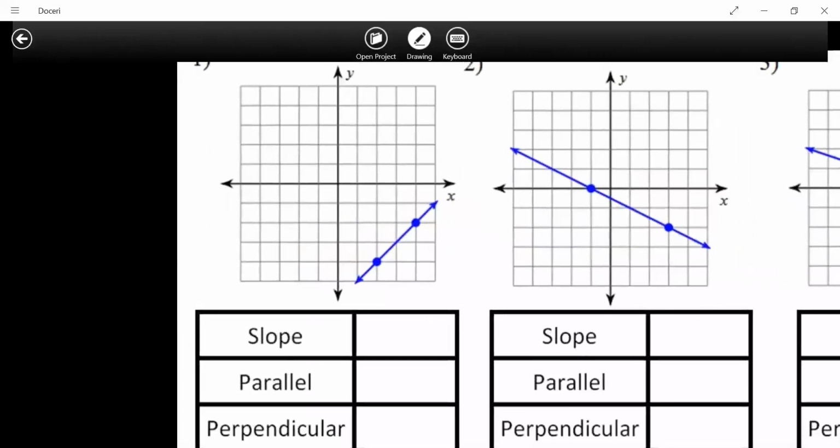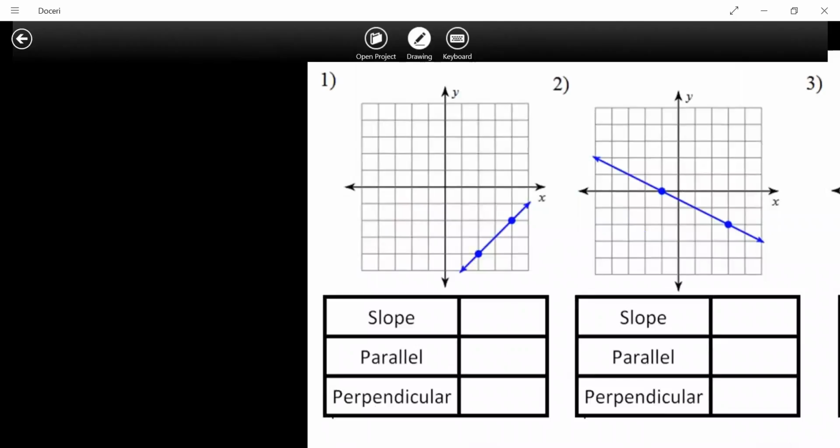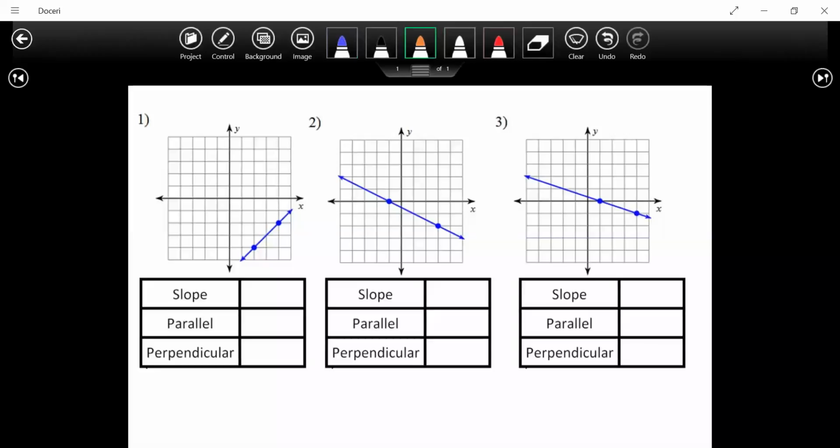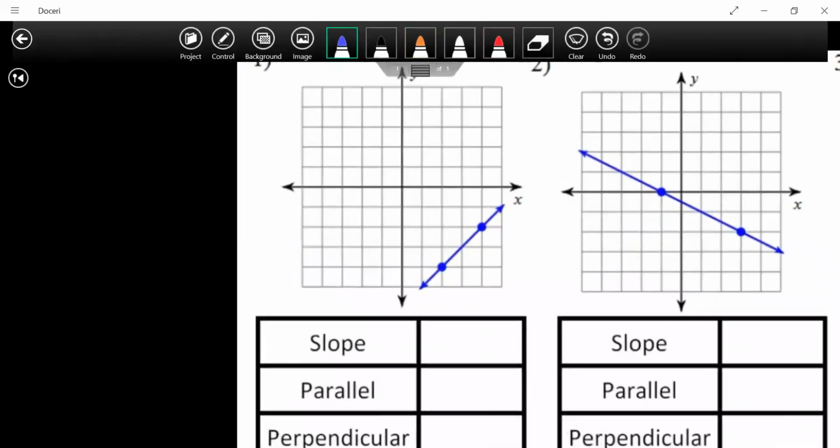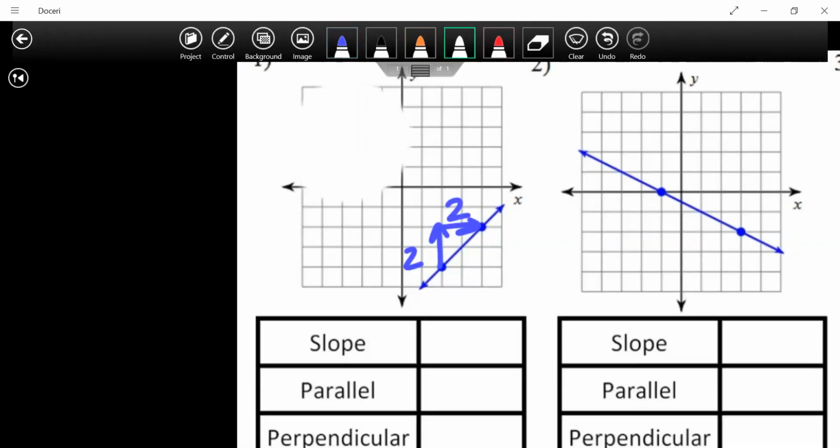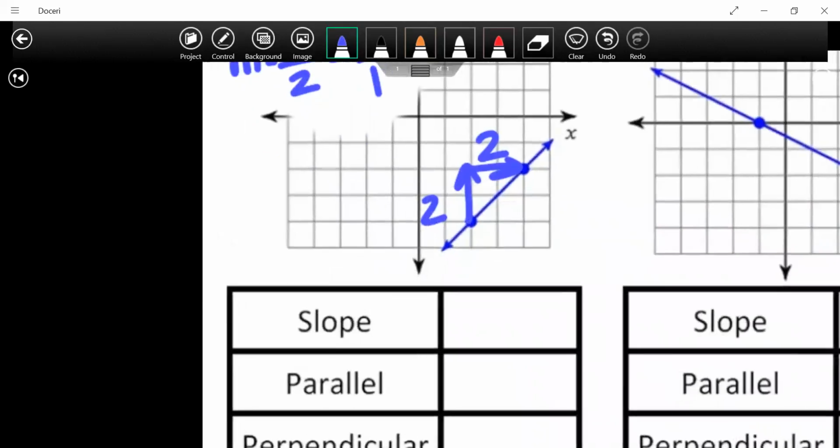Write it down in that slope part. We always talk about y's over x's, so we have to be able to determine that. My y's would be going up 2. My x's would be going over 2. So if I had to do this, what's my slope? 2 over 2. Can that be reduced? To 1 over 1. We'll keep it as a fraction so we have the y's over x's. And so my slope is going to be 1 over 1.